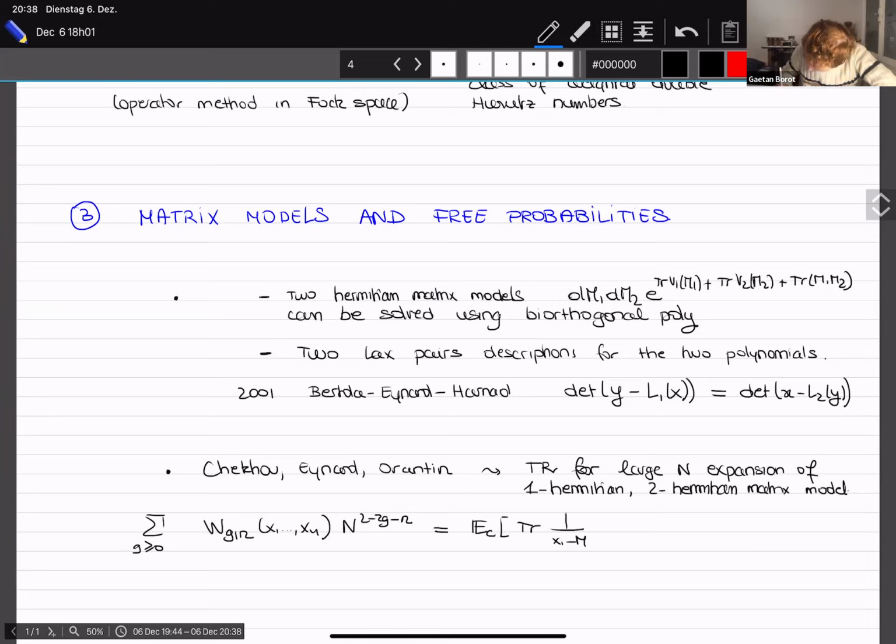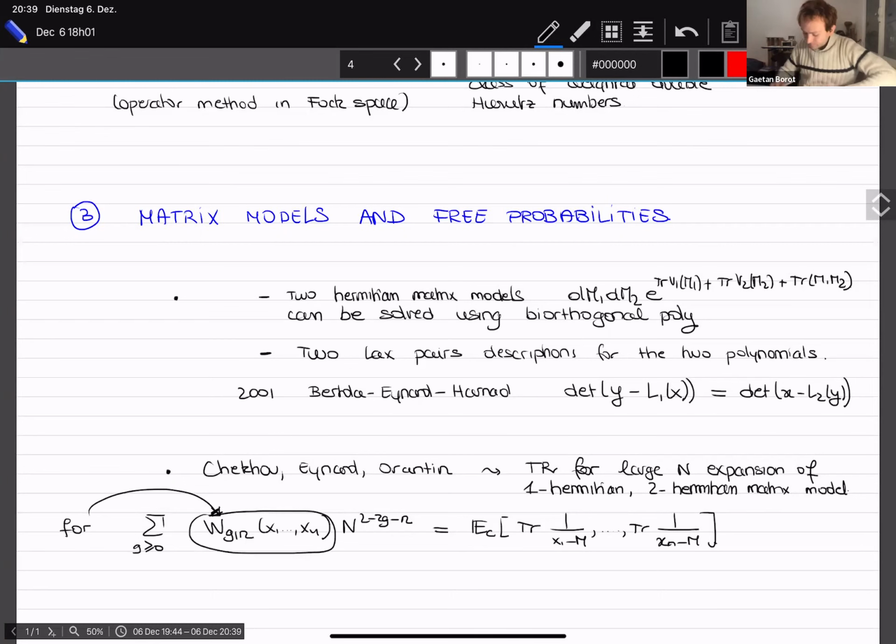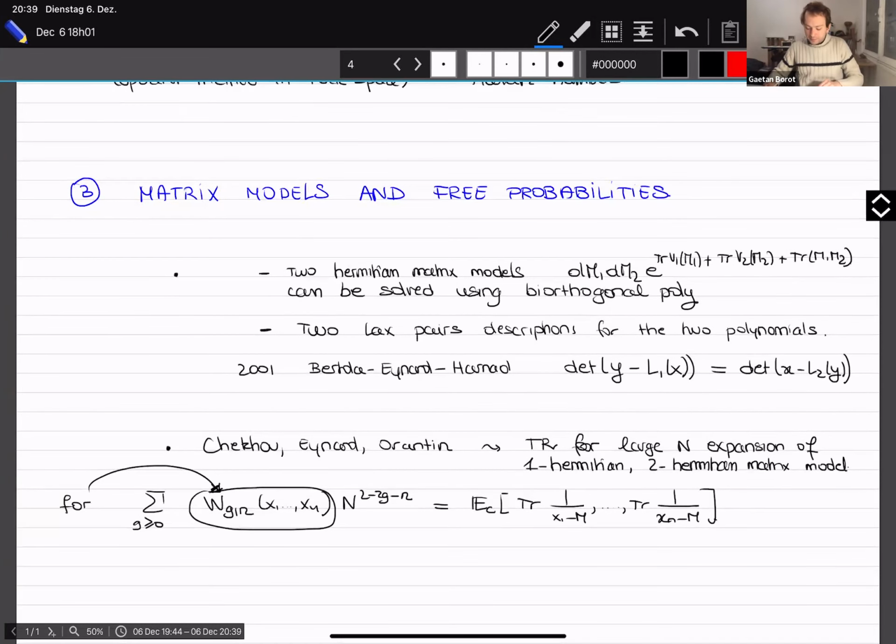So in the one matrix model, it would be this. So it's for those objects here. And once you know those correlators, you can get back to the free energy by a sort of integration.